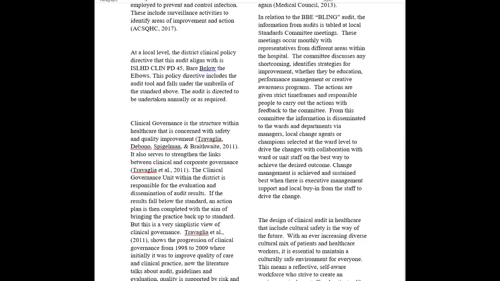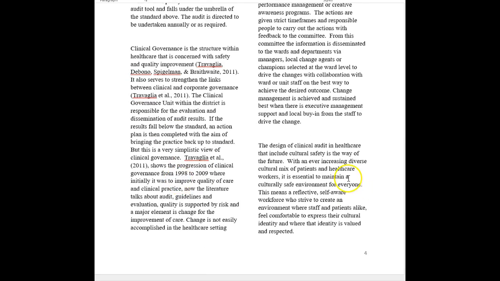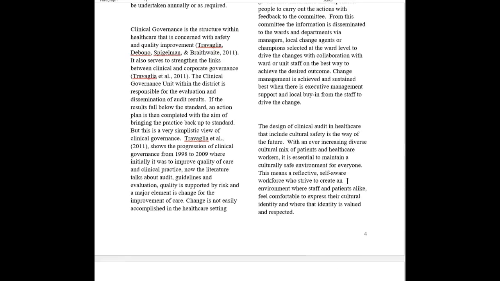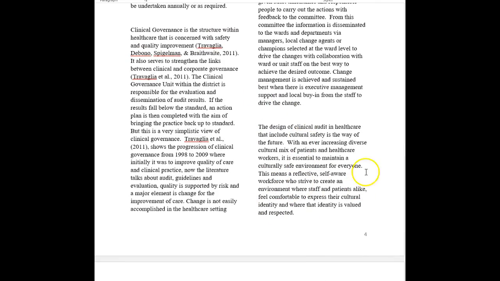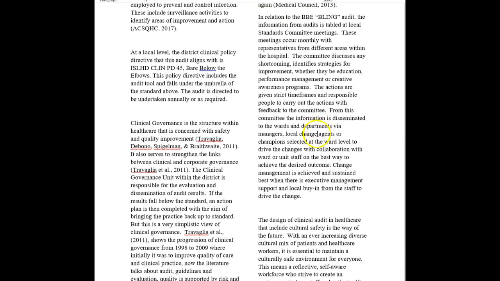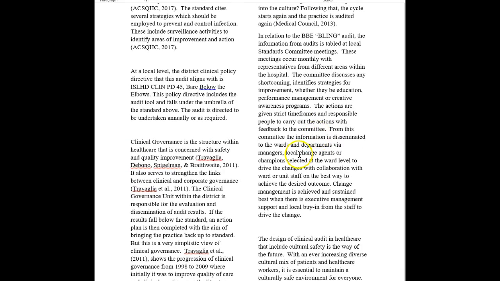I'm not entirely sure that that's as important, but it does talk about why clinical governance is responsible for undertaking evaluation, or sometimes ward staff do the audit. It goes on to talk about this, and then a very nice reference list, and as you can see, a nice conclusion. Now, this is a very nice paper. Thank you.